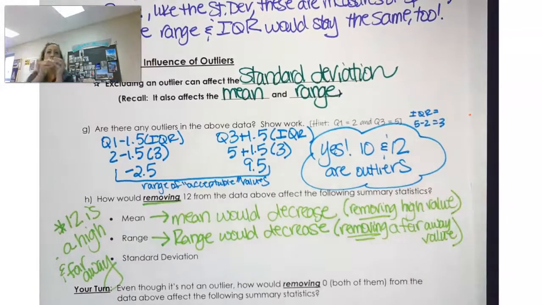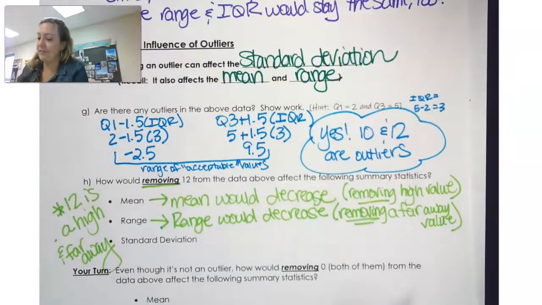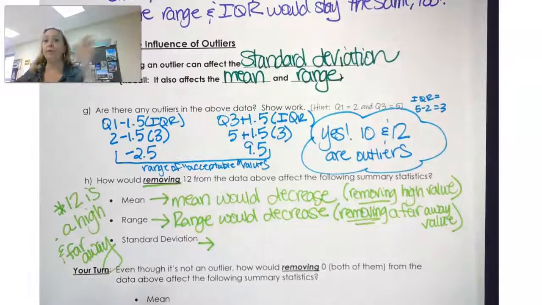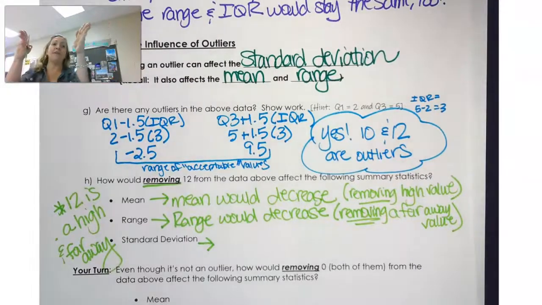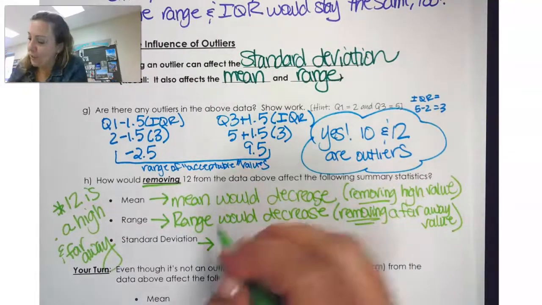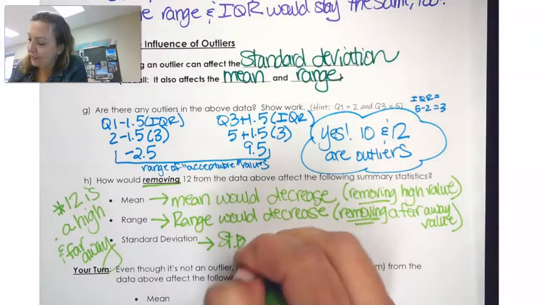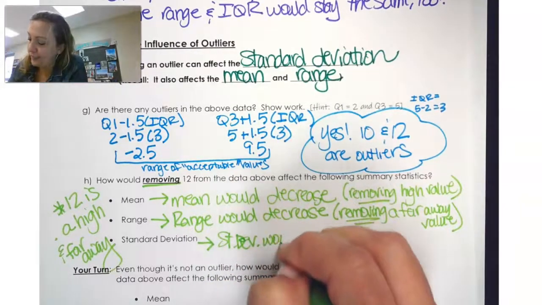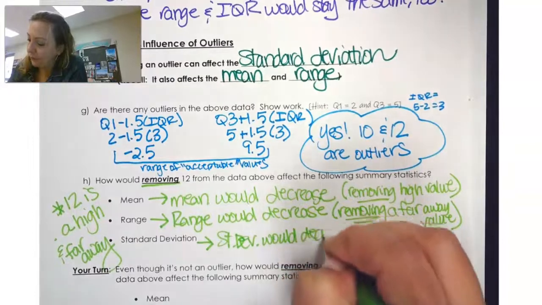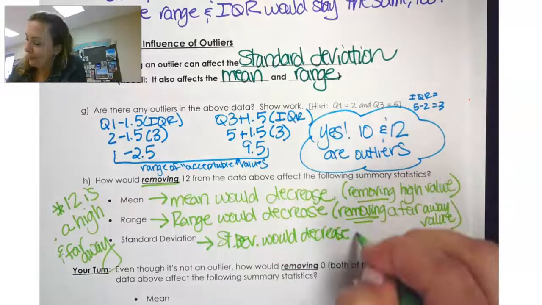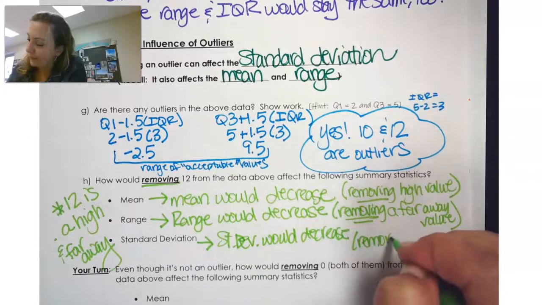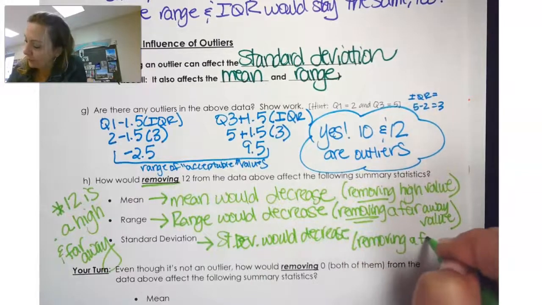So notice that when we remove values, the opposite happens from when we put them in. And so the same with the standard deviation, because we're removing a far away value, now our values are closer together. So our standard deviation would decrease as well.